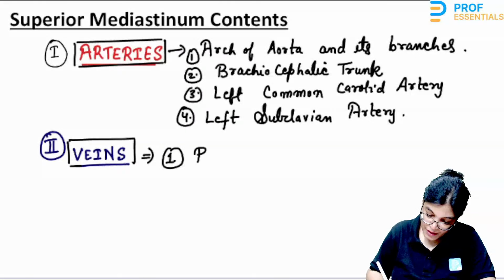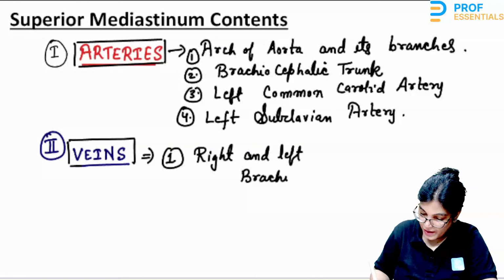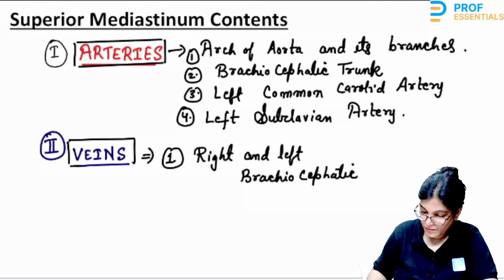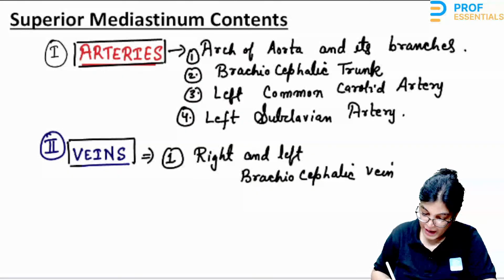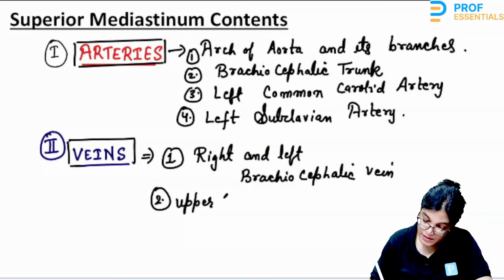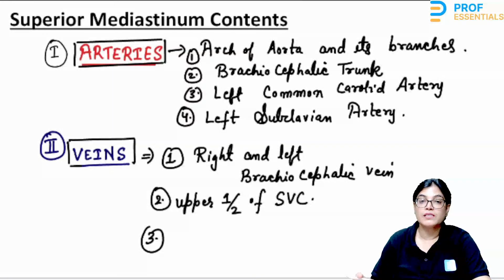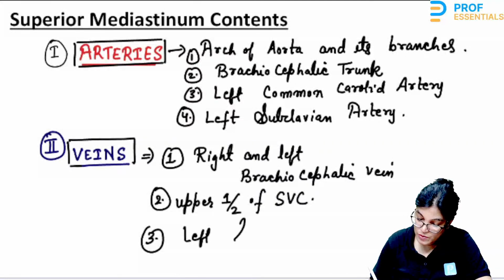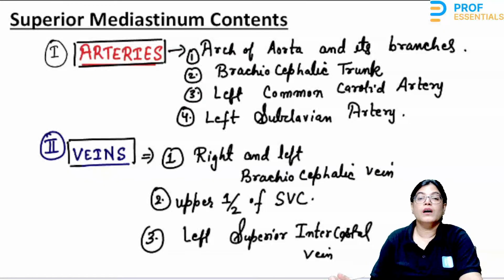So we will have the right and left brachiocephalic vein, the upper half of the superior vena cava, upper half of SVC, and we will have the left superior intercostal vein, which drains into the left brachiocephalic vein.